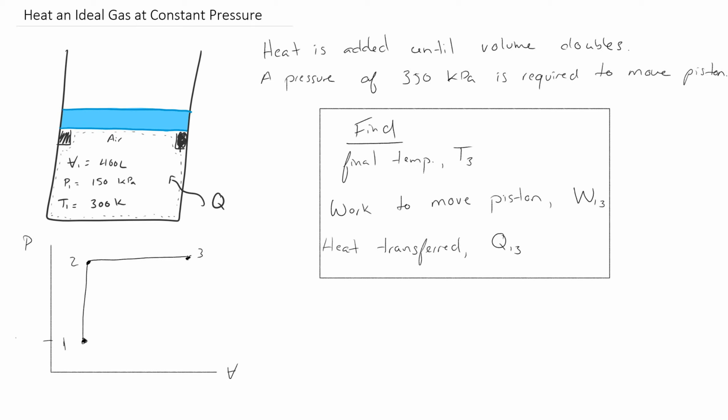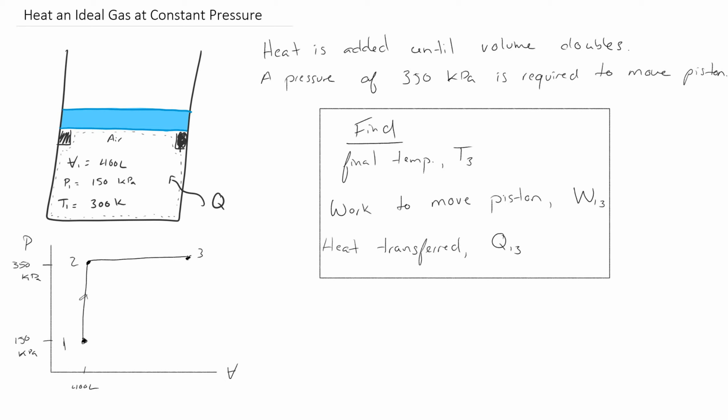This happens to be 150 kPa and 400 liters. Okay, so I'm going to begin heating the gas at a constant volume until I reach a pressure that is sufficient to lift that piston. And that happens to be a pressure of 350 kilopascals.